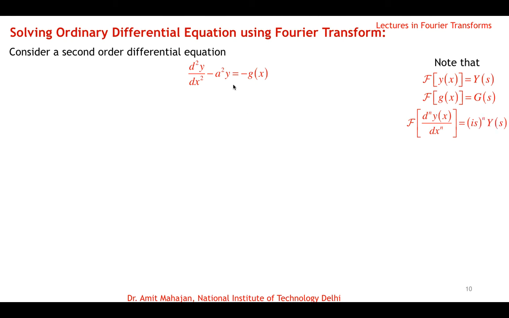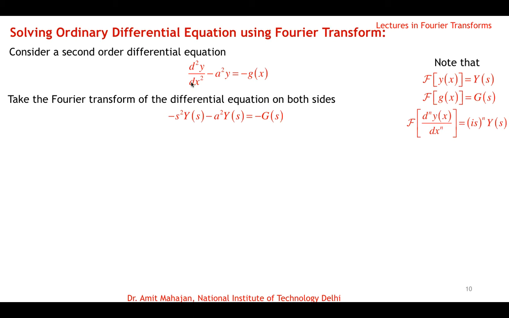So take the Fourier transform on both sides of this equation with respect to x. This second derivative, by the derivative property, will become minus s square Y(s), minus a square, where a is a constant, and the Fourier transform of y is Y(s). We are taking the Fourier transform on the left hand side and also on the right hand side.